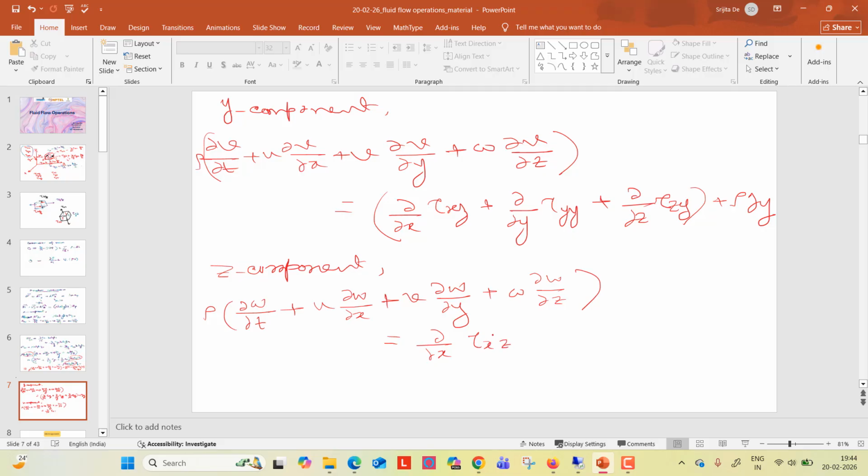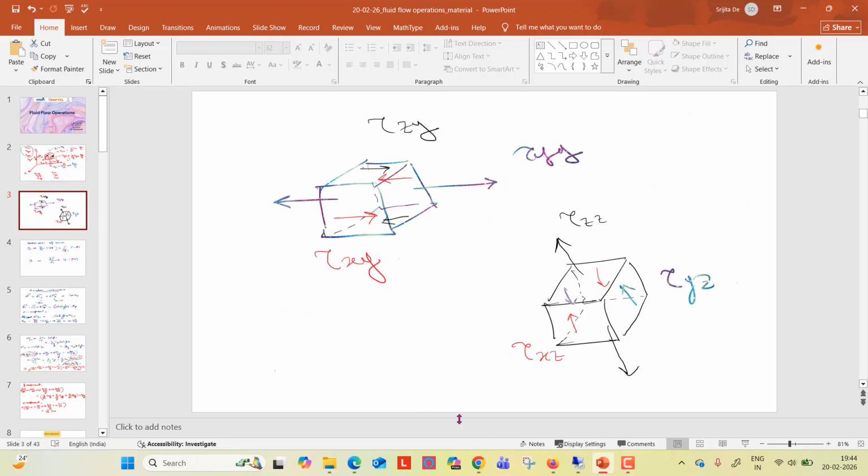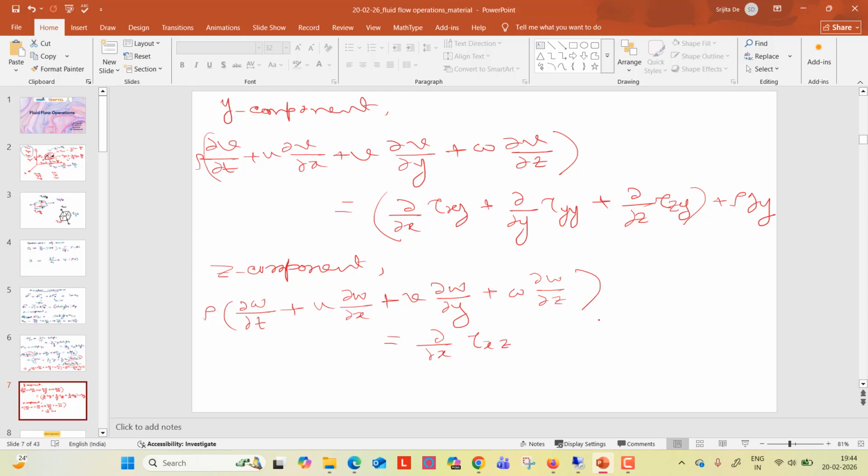So these are the z components, and this is how the z components of stress are working. So del x of tau xz plus del y of tau yz plus del z of tau zz plus rho gz.